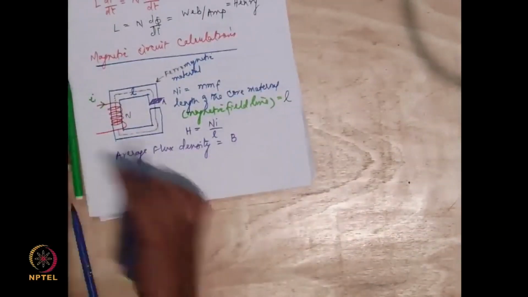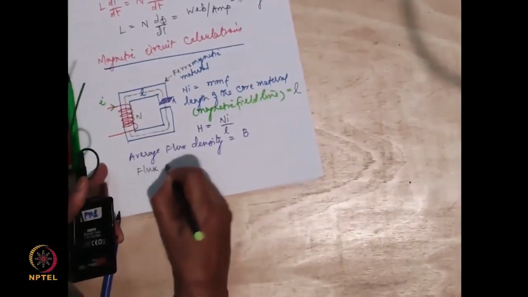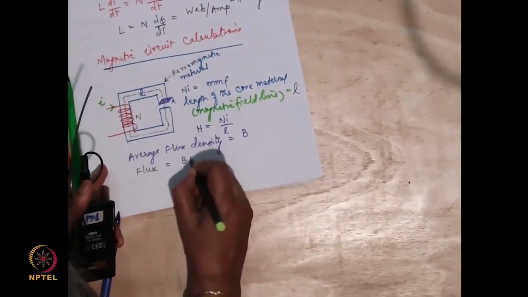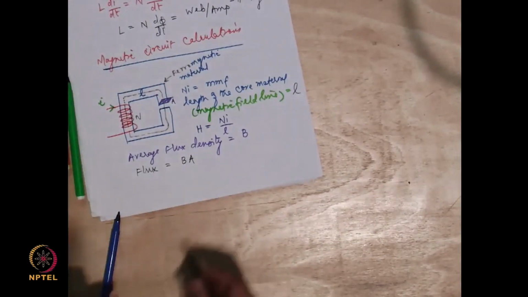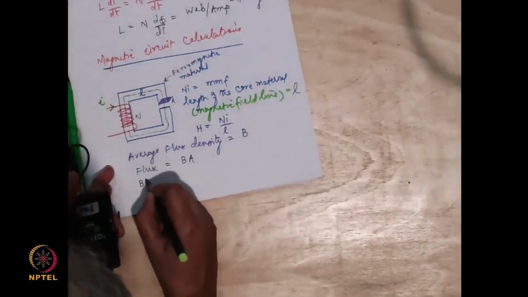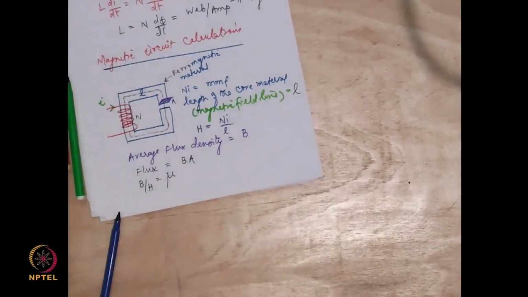Then the overall flux is equal to B multiplied by A, where A is the area of cross section of the core, right? And I can say that B divided by H is mu, right?